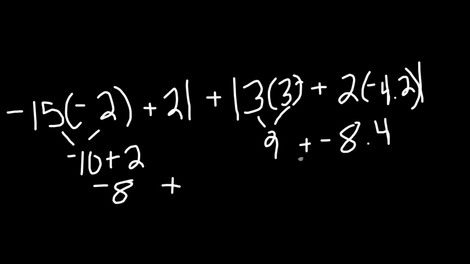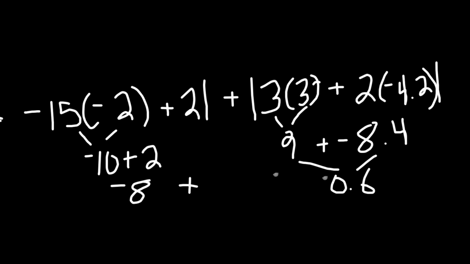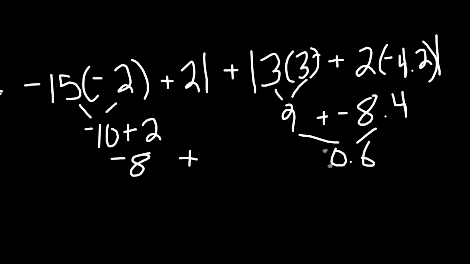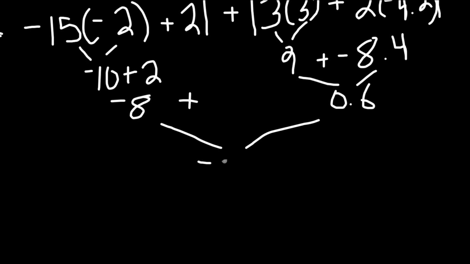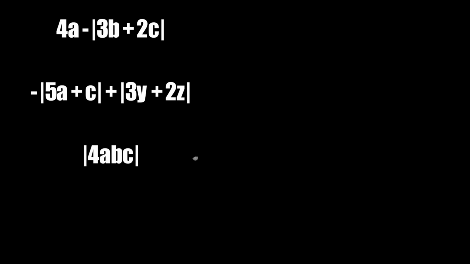And 9 plus negative 8.4 is 0.6. And the absolute value of 0.6 is 0.6. So negative 8 plus 0.6. And the answer to this is negative 7.4.